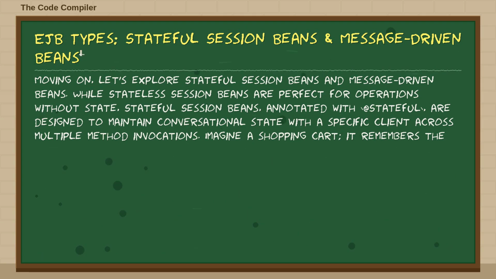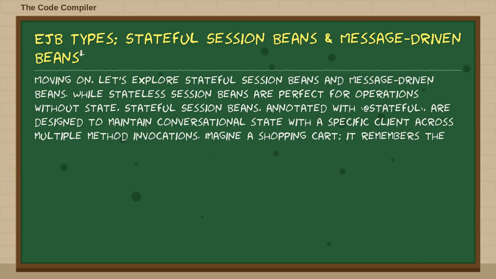Then we have message-driven beans, or MDBs, which are quite different. Marked with @MessageDriven, MDBs are used for asynchronous processing. They act as listeners for Java Message Service, or JMS, messages.